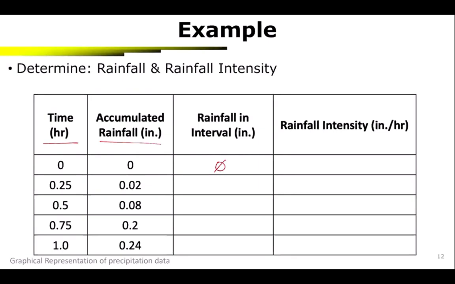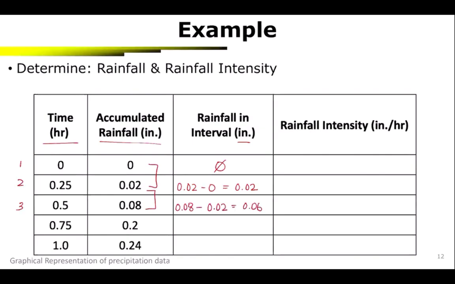And then we measure the accumulation from the first time step to the second time step, which is going to just be the difference in rainfall here. So 0.02 minus 0, which is 0.02 inches. Okay. We do the same thing with the subsequent time step. So we're checking the difference between the third time step minus the second, and this gives us 0.06 inches.